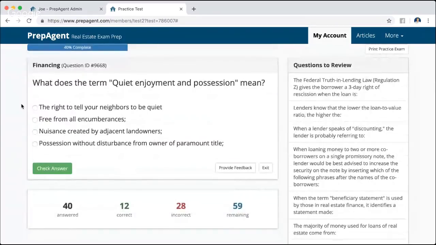What does the term quiet enjoyment and possession mean? A, the right to tell your neighbors to be quiet. B, free from all encumbrances. C, nuisance created by adjacent landowners. D, possession without disturbance from owners of paramount title.